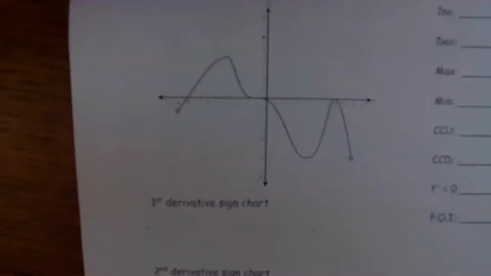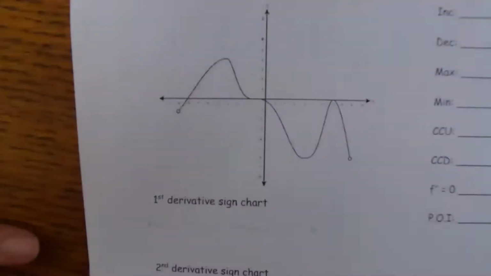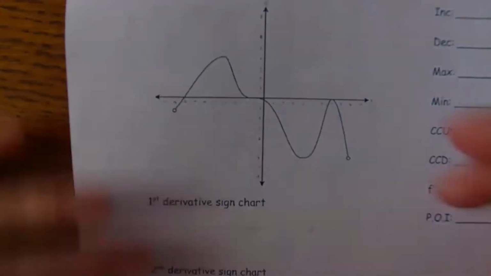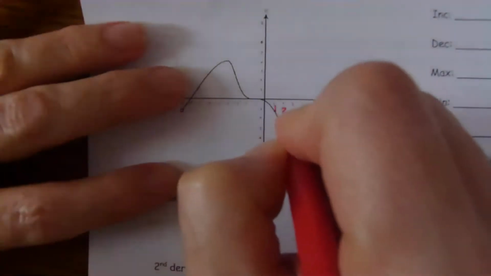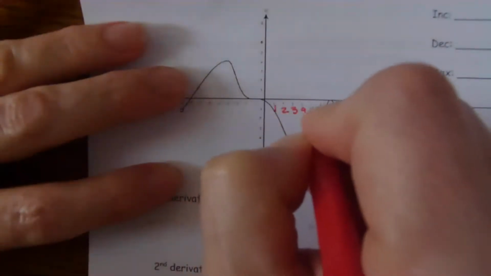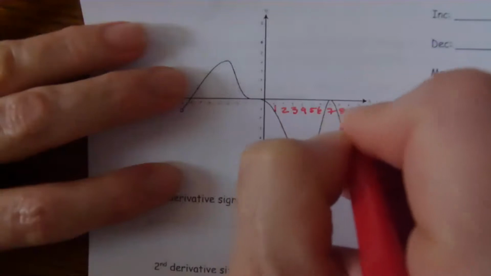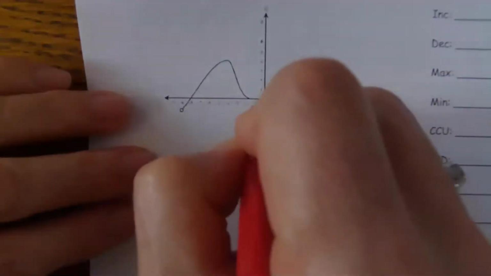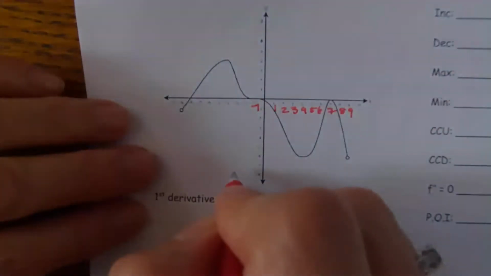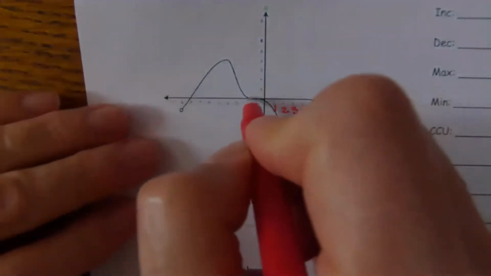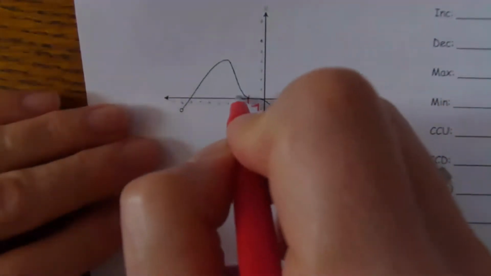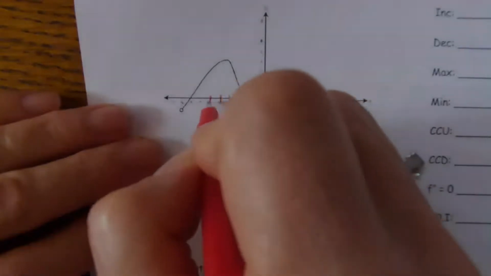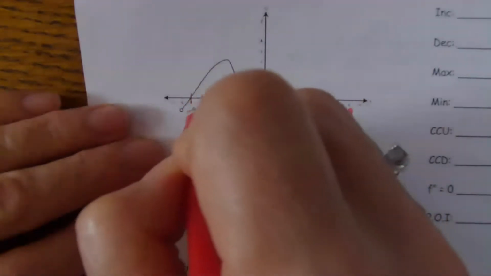So if you're looking at this, the numbers are a little bit hard to read. So this is 1, 2, 3, 4, 5, 6, 7, 8, 9. That's -1, right? -2, 3, 4, 5, 6, 7, 8.